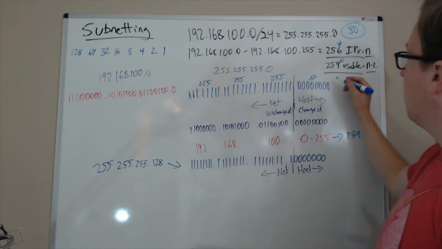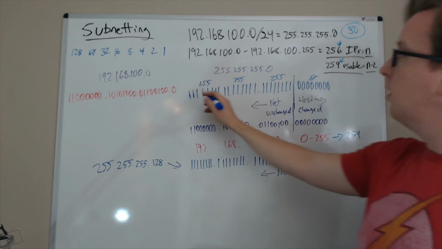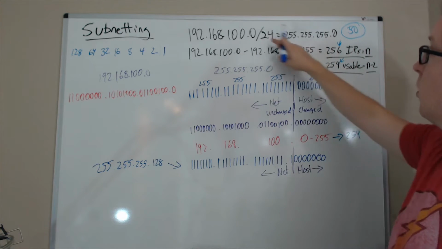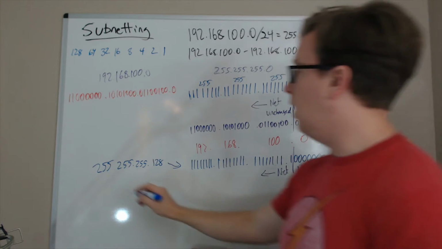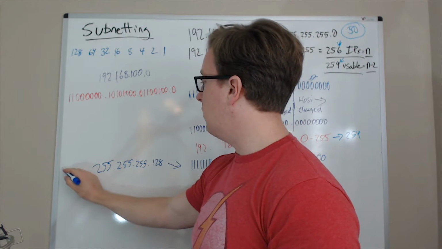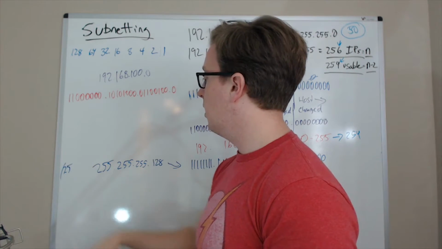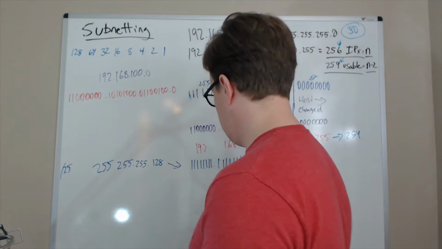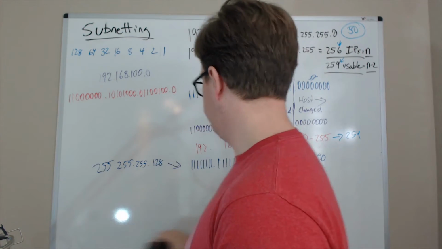So the 255.255.255.0 up here, we know is a /24. This is a /25. We'll go ahead and move that over a little bit.